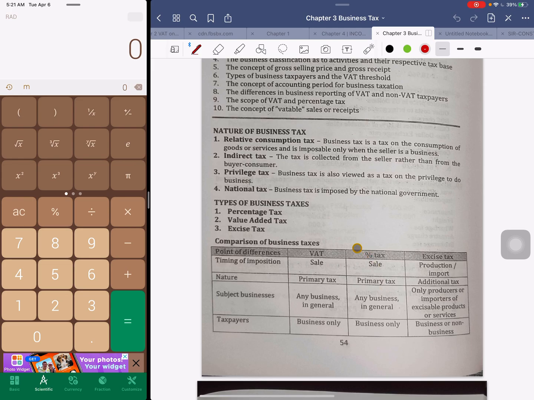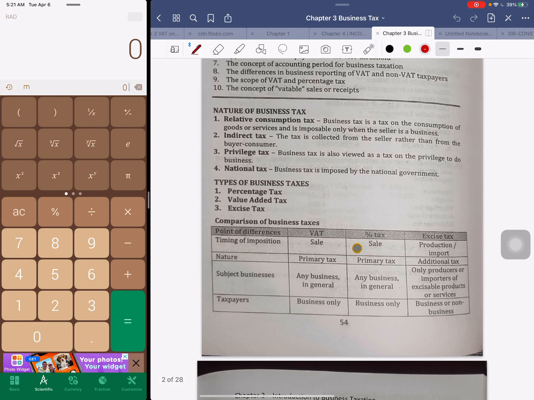Huwag na natin pahirapan. Types of business taxes. So, diniscuss din natin to. We have percentage tax, value added tax, and excise tax. No? Yung 1 and 2, either lang yan, no? Kapag subject na sa percentage, of course, hindi na subject sa VAT or vice versa.